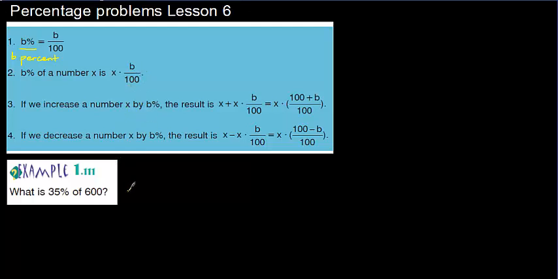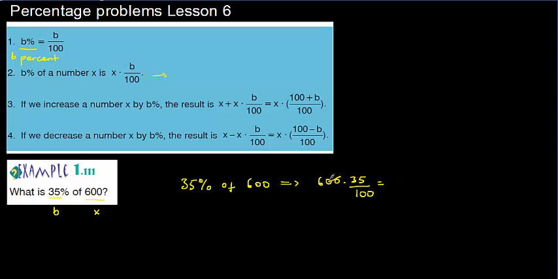Actually, there is an exercise about this one, and this is the example also. What is 35% of 600? If we say 35 is the value b, and 600 is the value of x, then 35% of 600 is equal to 600 times 35 over 100, which is equal to 600 and 100.